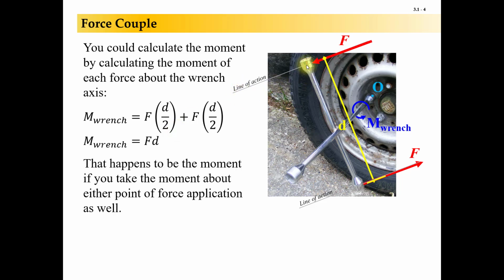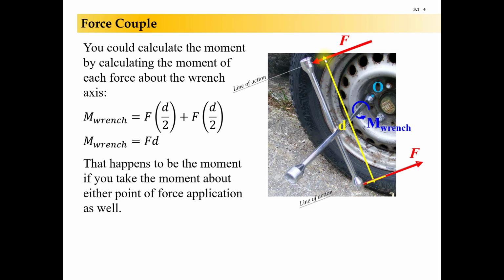And that works also if you take the moment about this end of the wrench up here, because now you're going to have this force not generating any moment because it's acting through this point. But you're also going to have this force down here acting at a full distance of d away. So it would, again, be F times d counterclockwise. And even if you looked at this point down here, now this force is not causing a moment because it's acting through the point.